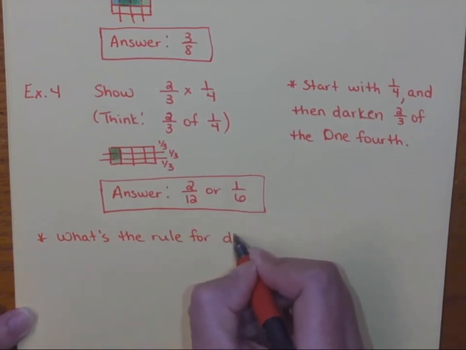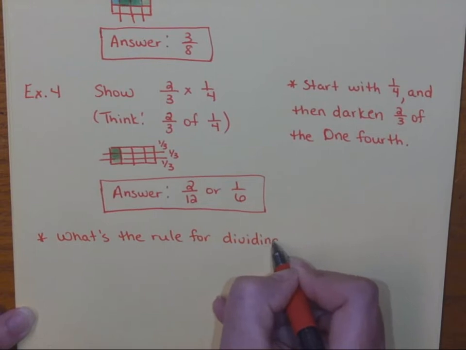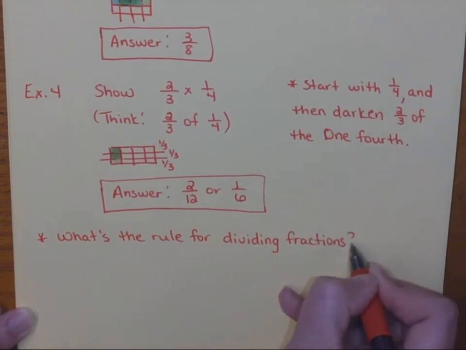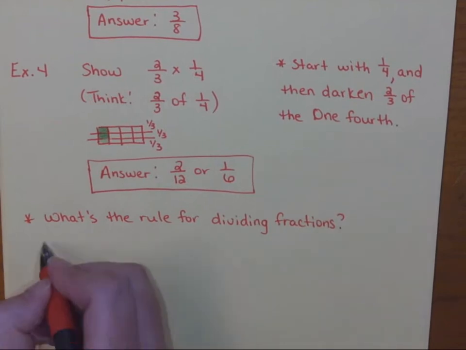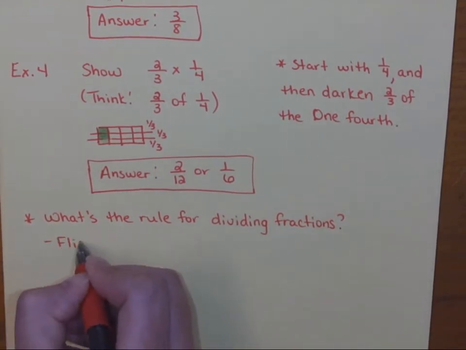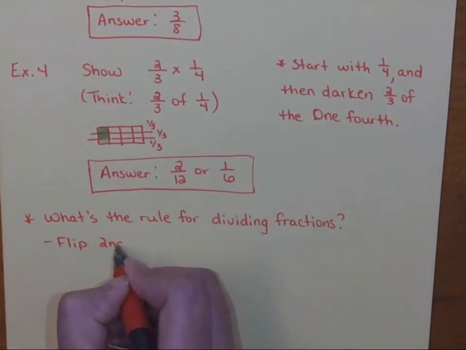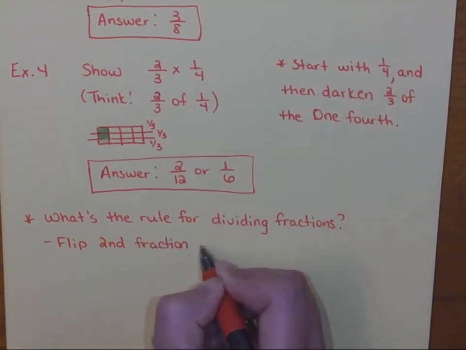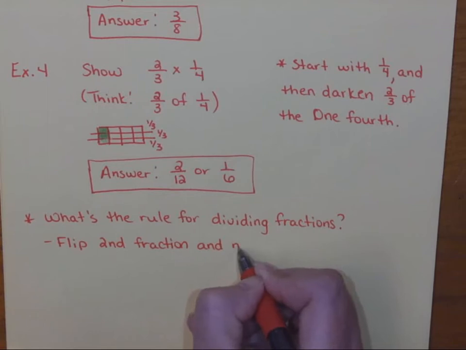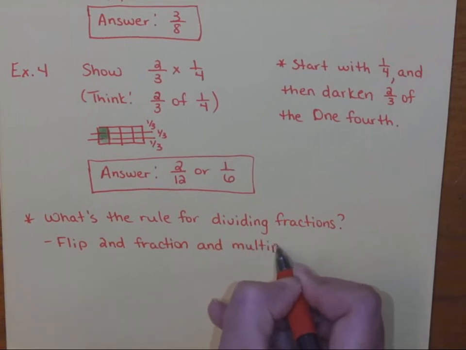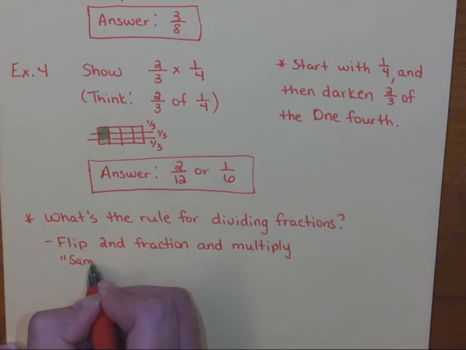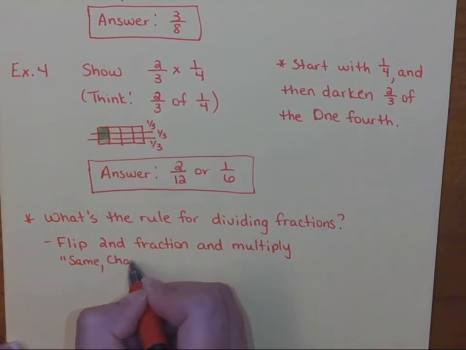So what's the rule for dividing fractions? Okay, the rule, in my opinion, is strange, right? And, you know, I've been teaching a long time, and honestly, students forget this rule because they don't understand why it's so weird, and they forget it easily. So the rule is you're supposed to flip the second fraction and multiply. A lot of teachers teach this little kind of short phrase.